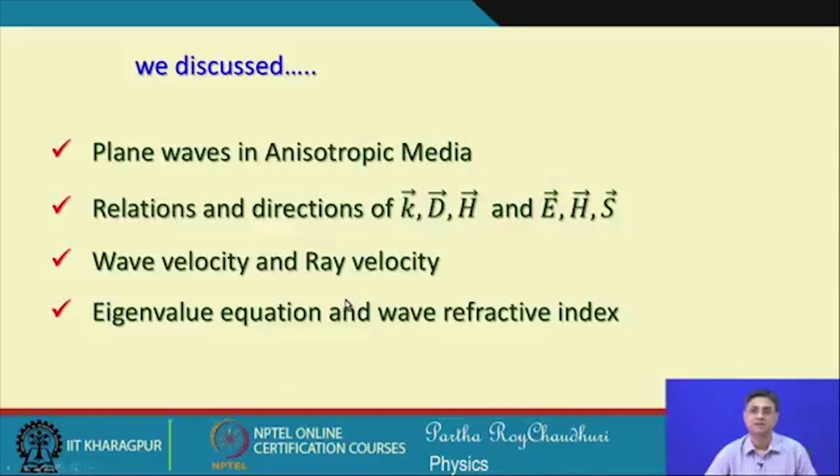Because there are two refractive indices, there will be two different directions of electric field vectors, and therefore, with an electromagnetic wave there will be only two directions of polarization in general, and these two directions of polarization will be the direction of the d vectors, that is the displacement vectors.